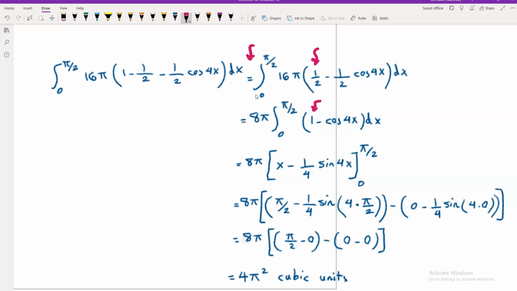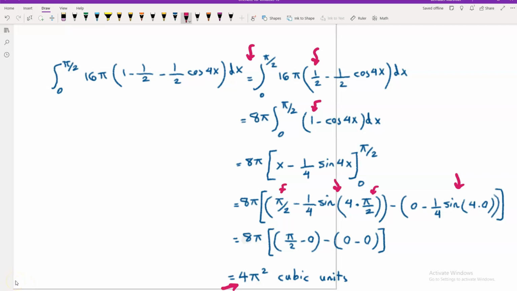So the answer is 8 pi times (pi over 2 minus 0 minus 0). Now multiply, so the final answer is 4 pi squared, in cubic units. This is our final answer, 4 pi squared.